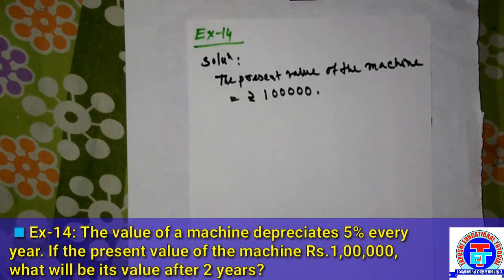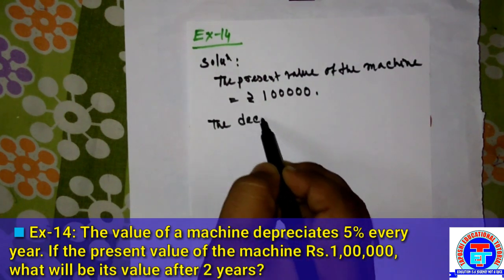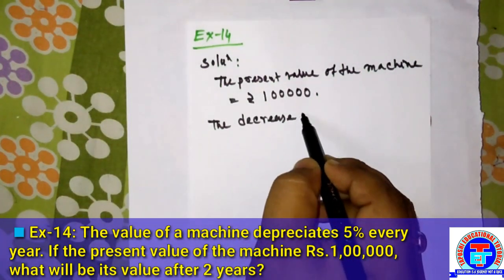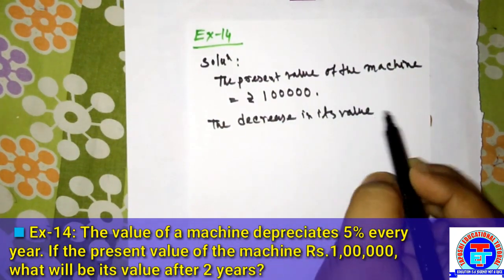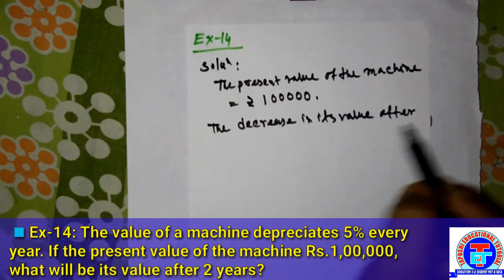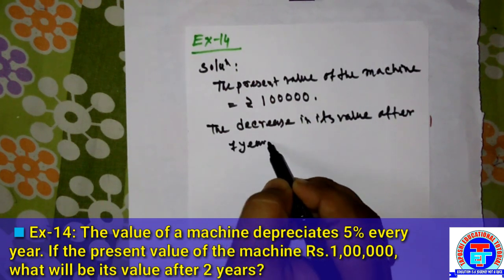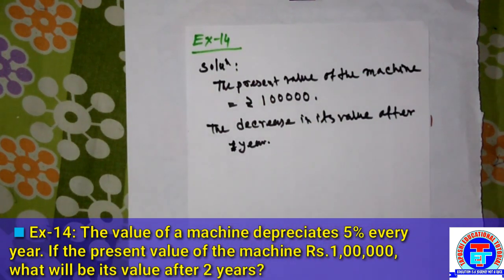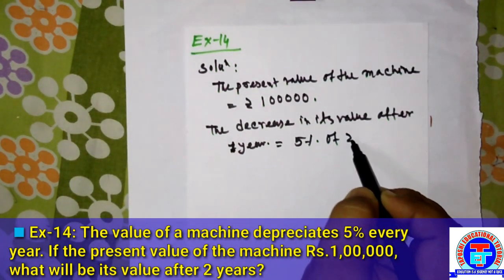Right. Now the decrease in its value after 1 year, we can write, is equal to 5% of rupees 1 lakh.